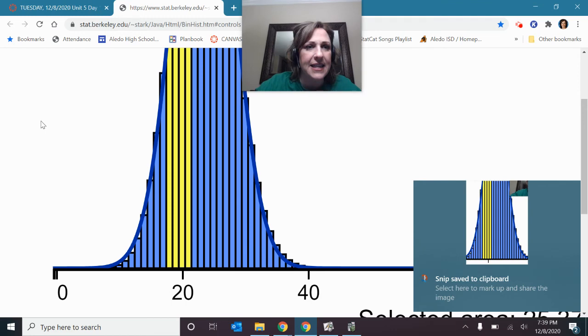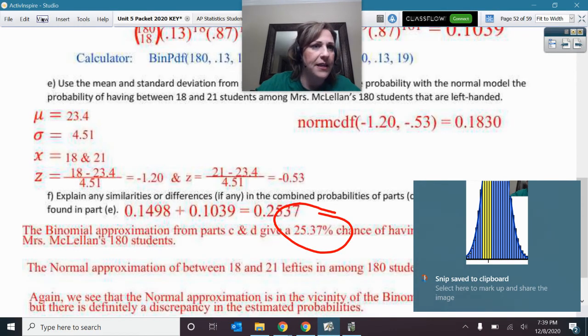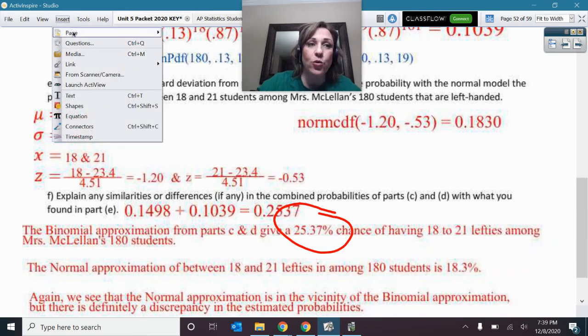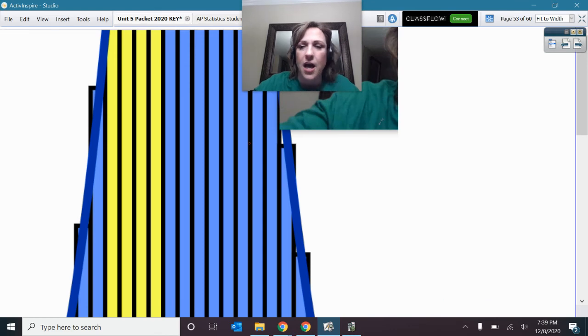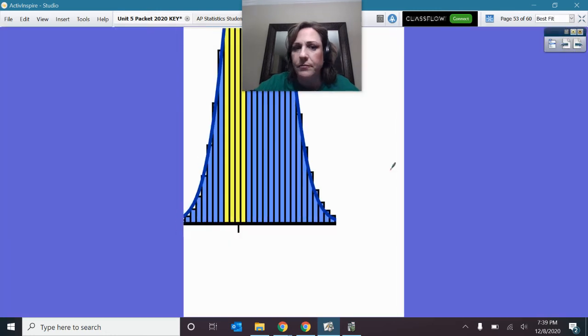So let's take that and put that a little bit so we can see what's happening and see how that normal is different. All right, here we have this, and let's zoom out so we can see that better.